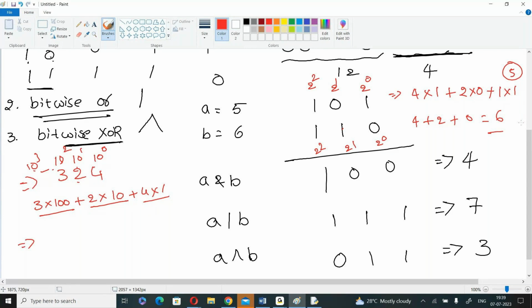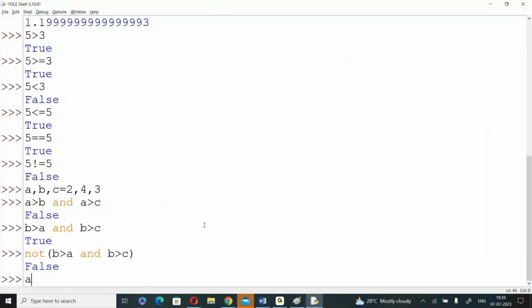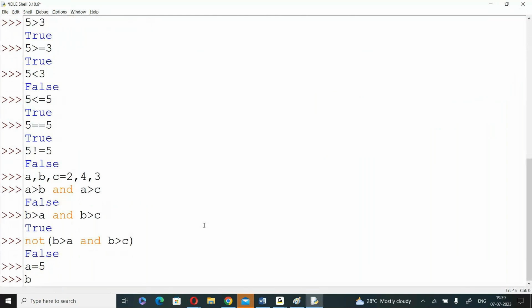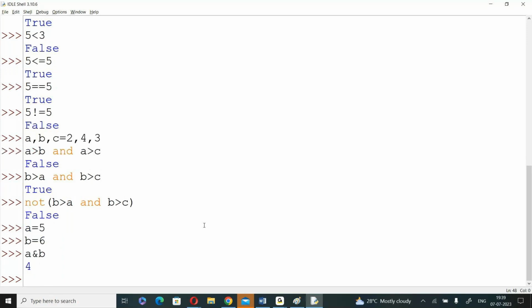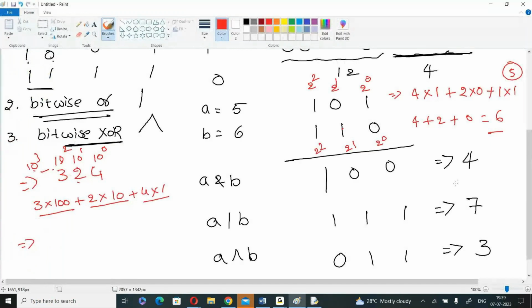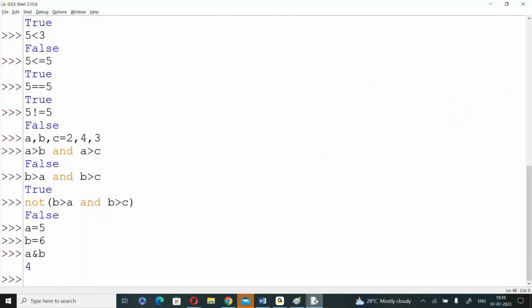Now I will explain these three operators. Check whether A is equal to 5, B is equal to 6. First A ampersand B. We are getting 4, right? Now, A or B, that is called pipe symbol.